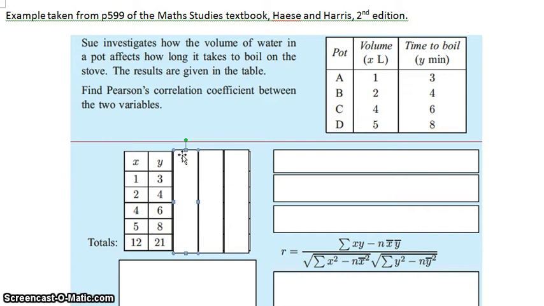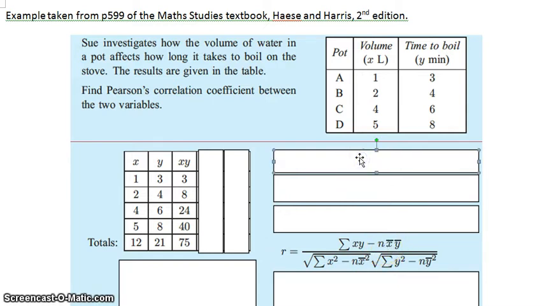So let's take the next column and say this is x times y. So 1 times 3 is 3, 2 4s are 8, 4 6s is 24, 5 8s are 40. Add them all up, and there's your sigma xy.